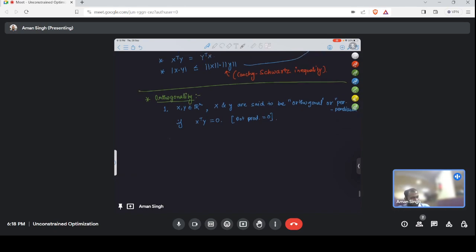Even spaces or subspaces can be orthogonal. So what does that mean?